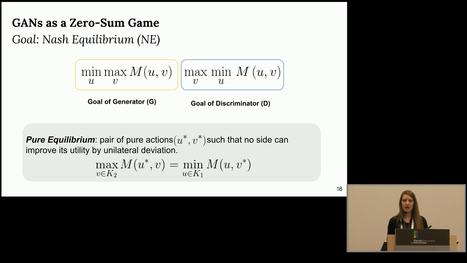However, the problem with having this as the goal when training GANs is that we know that a pure Nash equilibrium may not always exist. Pure Nash equilibrium doesn't exist even for simple games such as rock, paper, scissors, and we actually don't know whether it exists in the common GAN formulations.